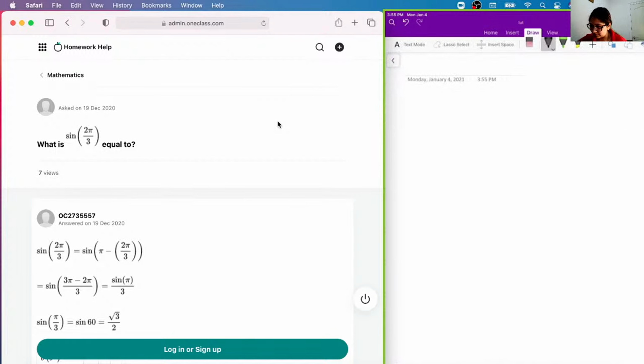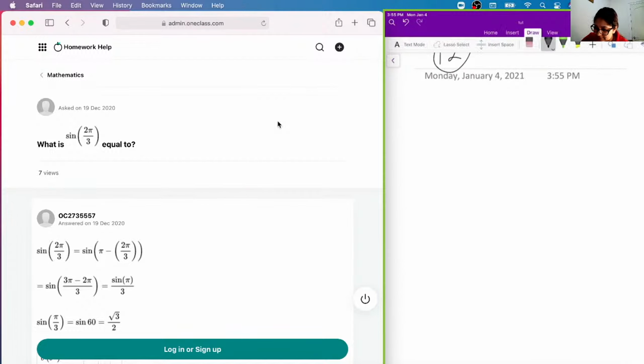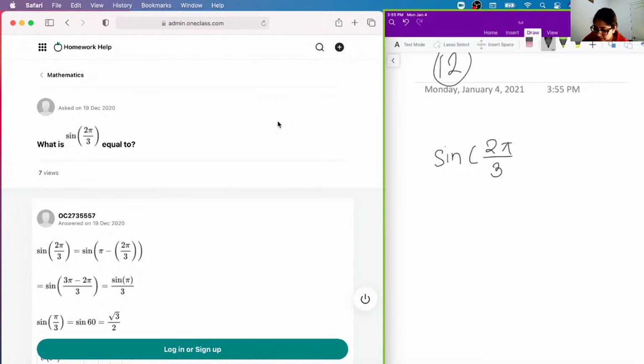Okay, so next question. Next question says, what is sine of 2 pi over 3 equal to? Okay, so you have sine 2 pi over 3. So what is this equal to?